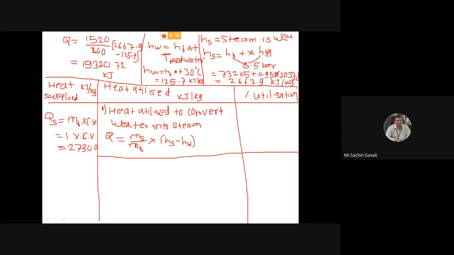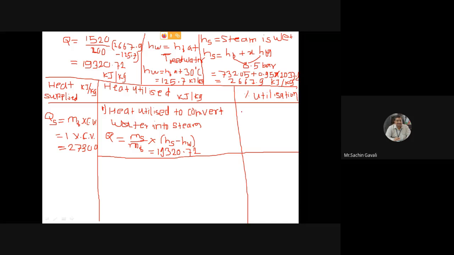As I have given, the unit will be kilojoule per kg. Already here we are giving the unit, therefore here it will be 19320.72 kilojoule per kg.